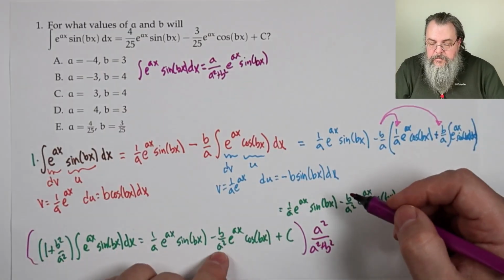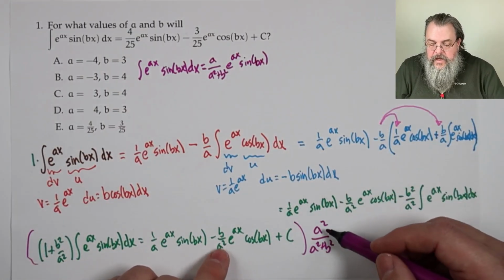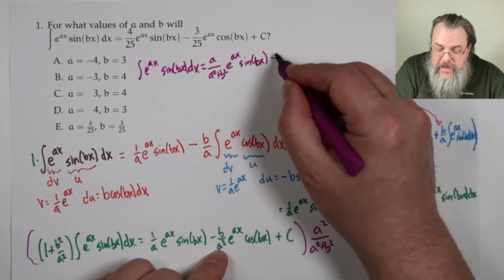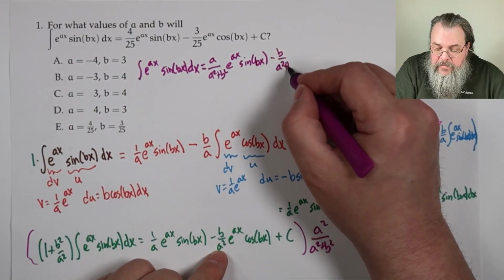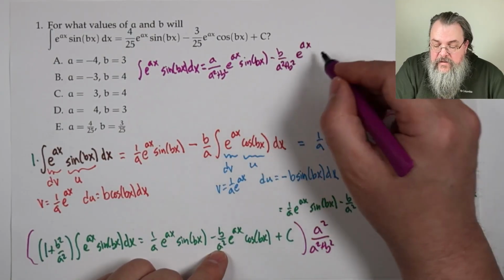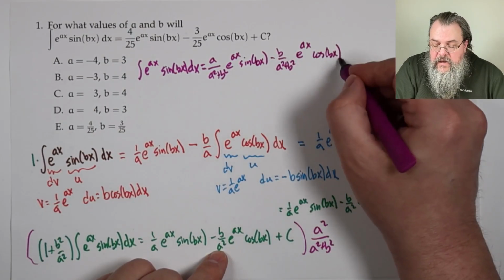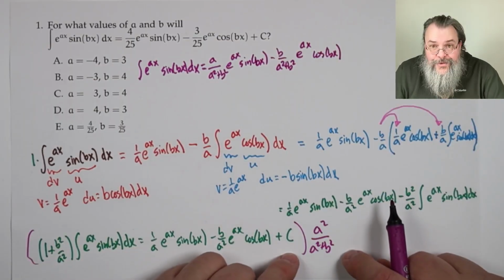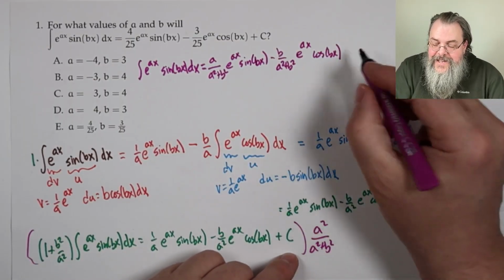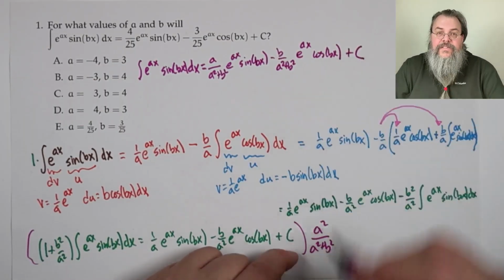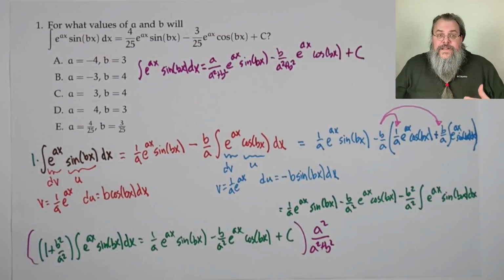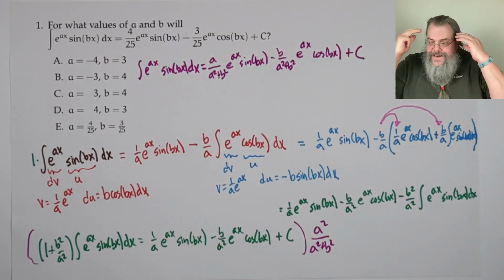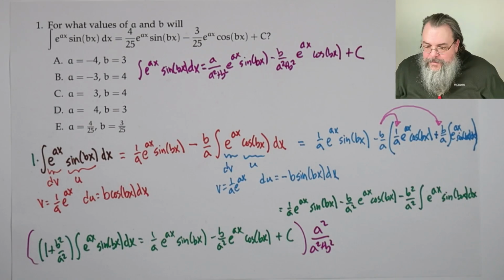And then we're going to get minus, and here the a squareds cancel, so minus b over a squared plus b squared e to the ax cosine bx, and the c absorbs the constant. That's the nice thing about constants, you can absorb them. And we say, aha! We make all sorts of happy noises because we see something going on.